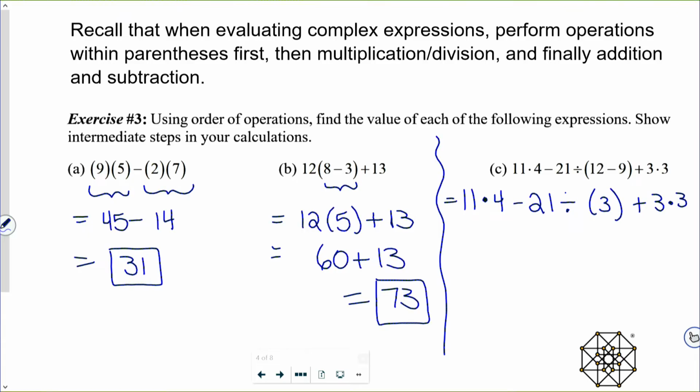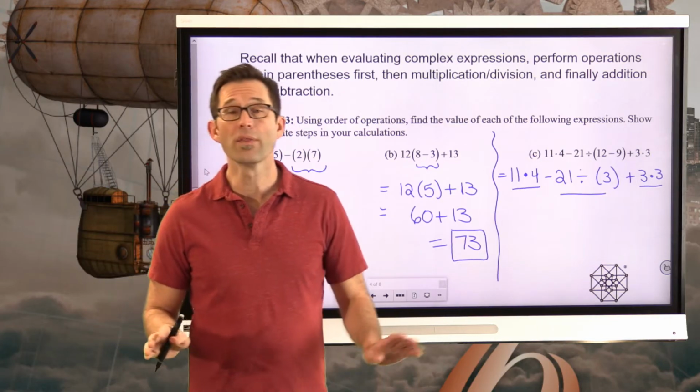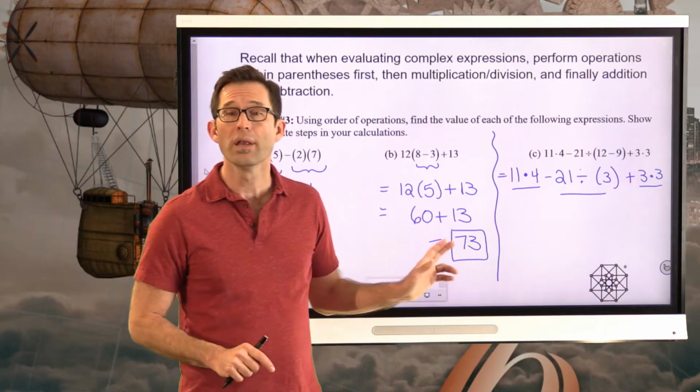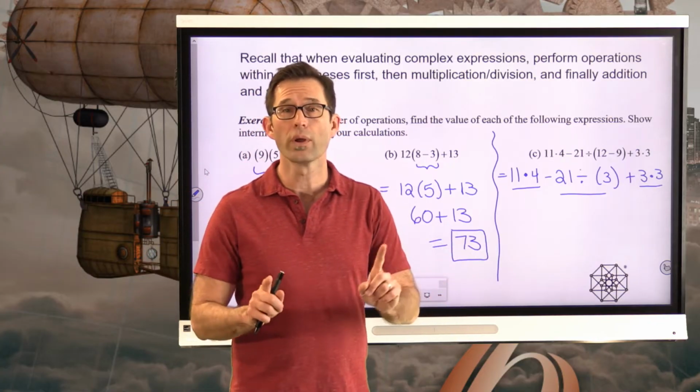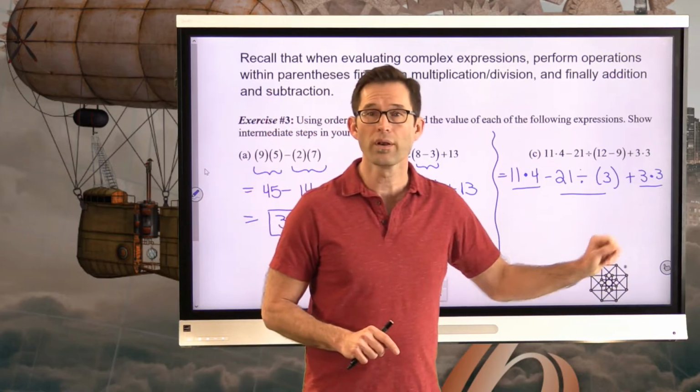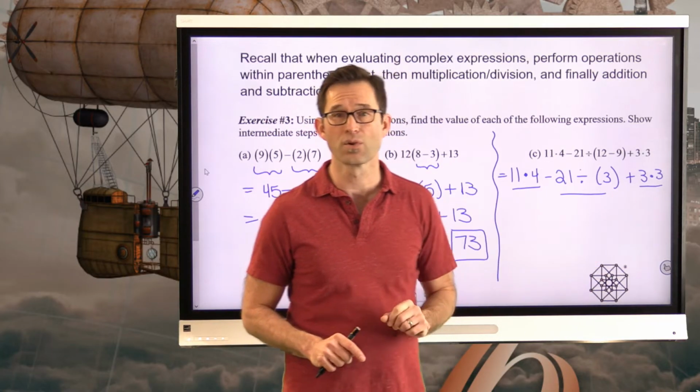All right. Now, I'm going to just underline 3 things before we break out and talk about this again. The only thing I did in the calculation so far was 12 minus 9, and I got 3. But now what I've underlined are 3 either products or quotients, right? I've got 11 times 4, 21 divided by 3, and 3 times 3.